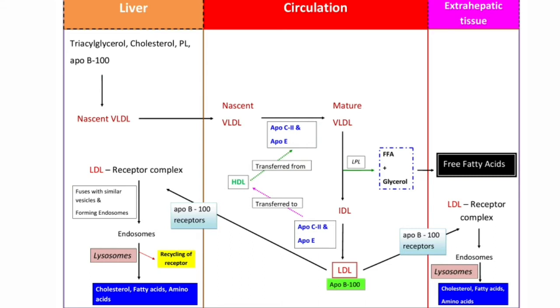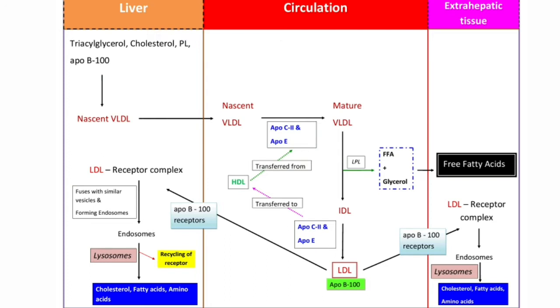So, the basic function of VLDL is the transport of endogenous lipids. The major lipid carried by VLDL is triacylglycerol that is synthesized within the liver. As we discussed under function, VLDL is involved in the transport of triacylglycerols from liver to the extrahepatic tissues.